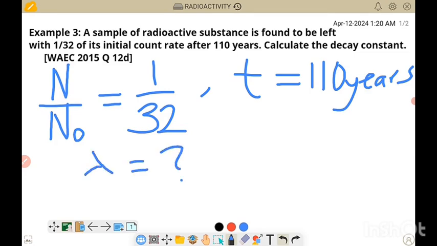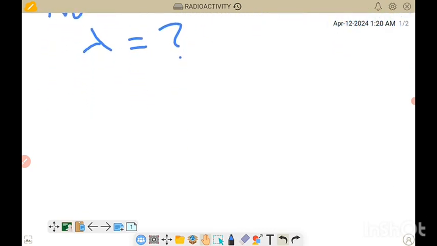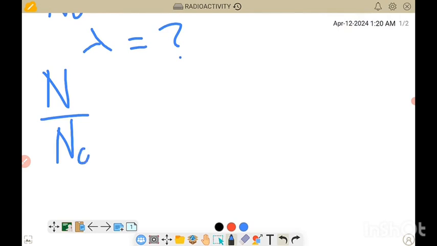Okay, using one of the formulas that I gave at the beginning of the video, we can consider using this N over N naught equal to exponential minus lambda t. We can as well use N over N naught equal to 2 raised to the power minus n, and in that one we just get our half-life and use half-life to find the decay constant, but we can easily use this one as well.